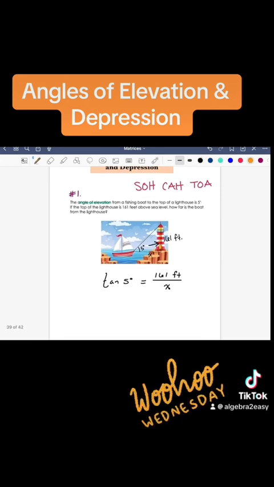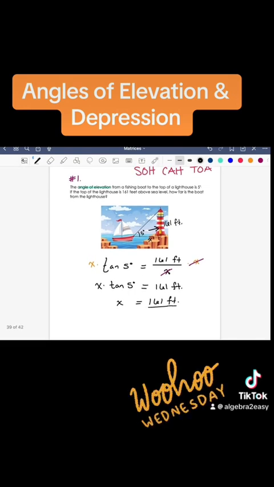We need to multiply both sides by x to isolate our variable, and we get x times tangent of 5 degrees is equal to 161 feet. Now we're going to solve for x by dividing both sides by tangent of 5 degrees. Now, key piece here, you need to make sure your calculator is in degree mode. Otherwise, you won't get the right answer.